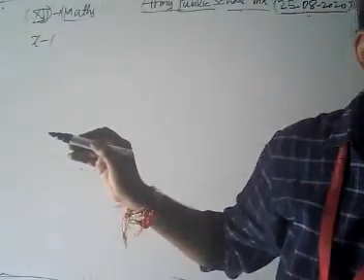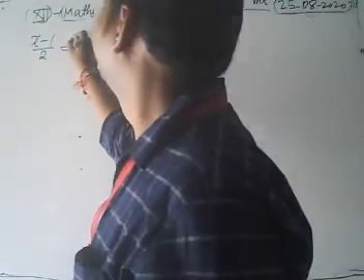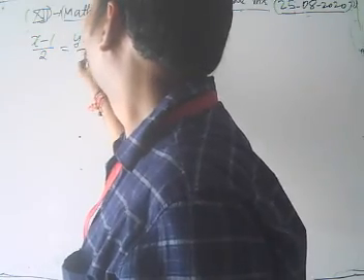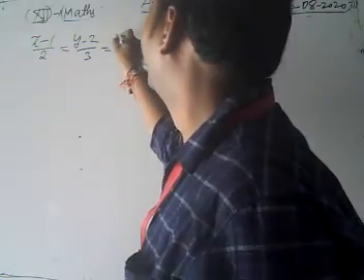The first line is (x minus 1) by 2 equal to (y minus 2) by 3 equal to (z minus 3) by 4.